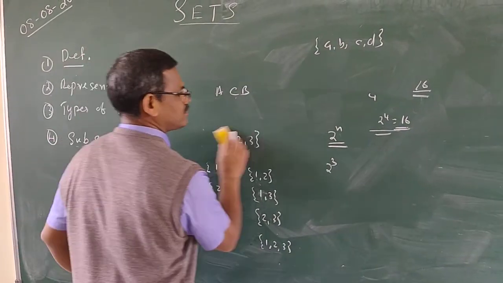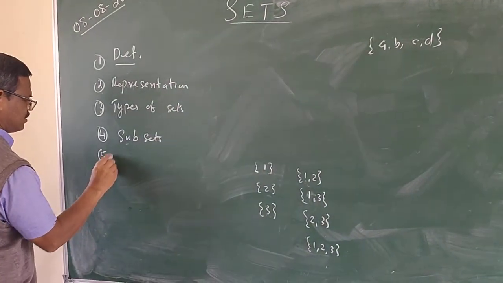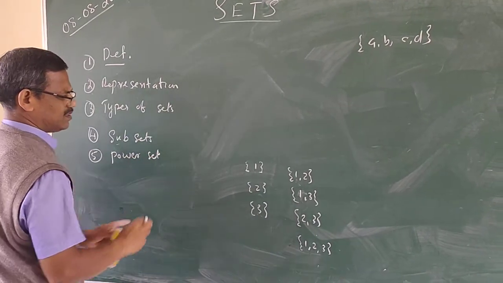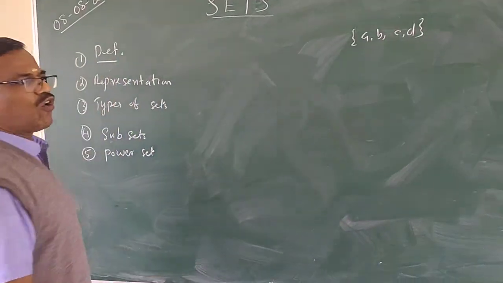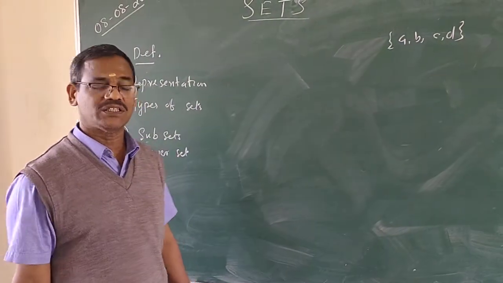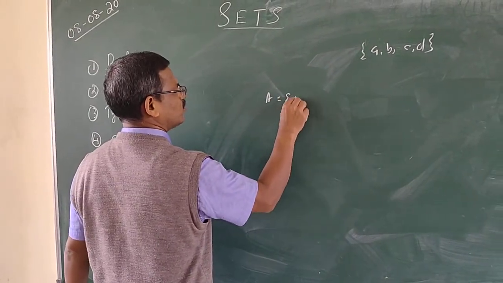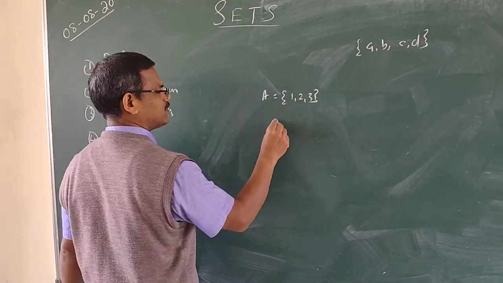And the next term is power set. The set of all subsets of a given set is called the power set. For example, if I take A equal to {1, 2, 3}, what are the subsets for it?